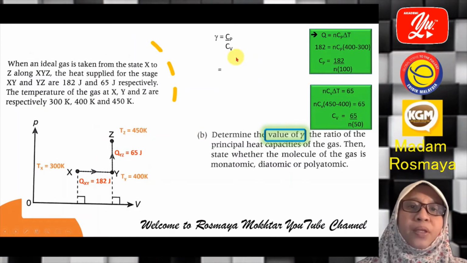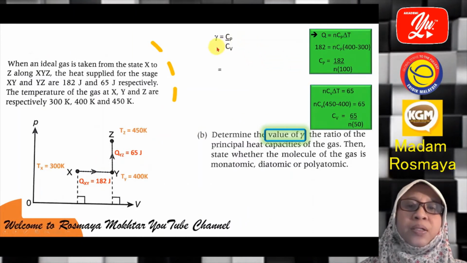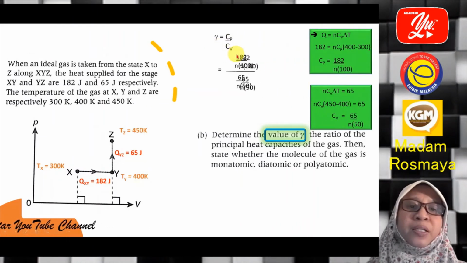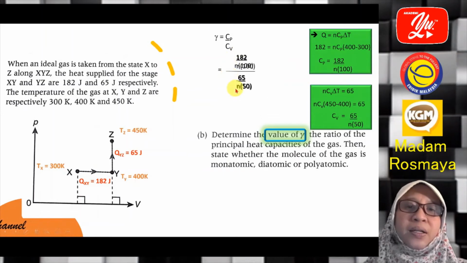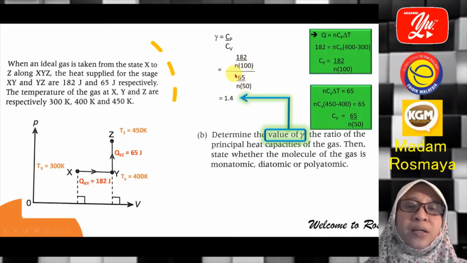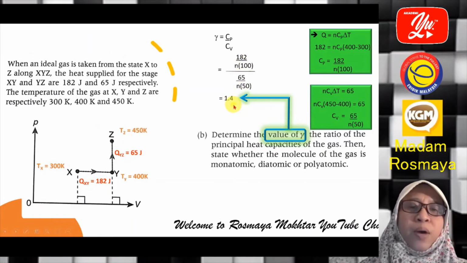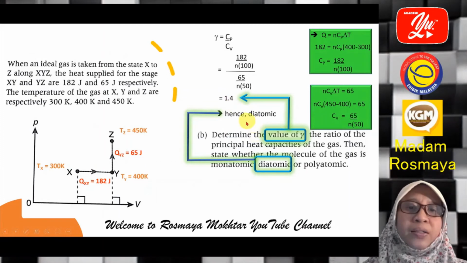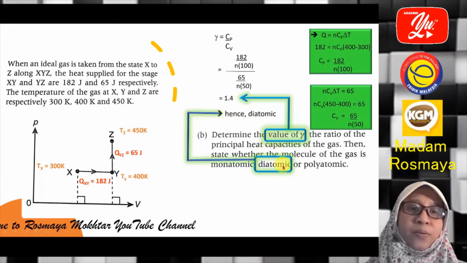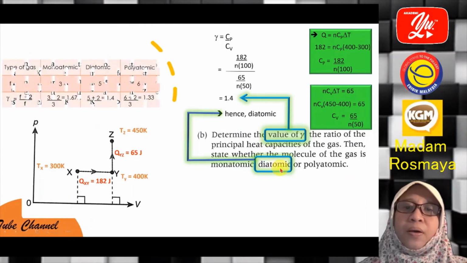So now we substitute CP and CV into the equation of gamma, the ratio of the principal heat capacities of the gas. We can cancel out n and solve this. We get 1.4. So 1.4 means that the gas is diatomic.